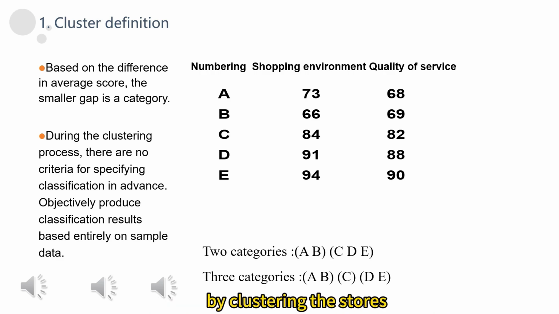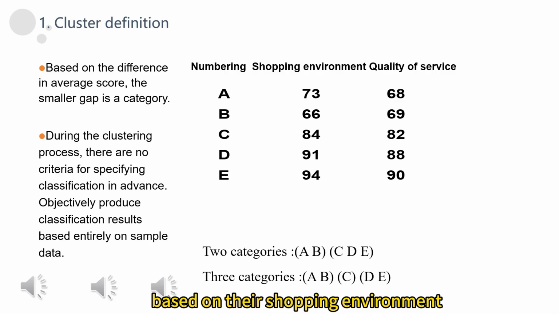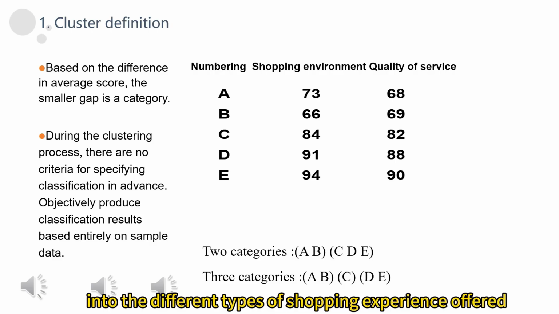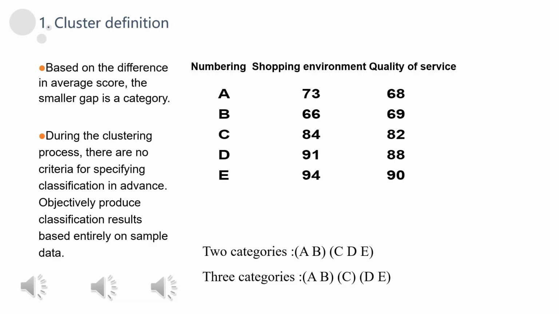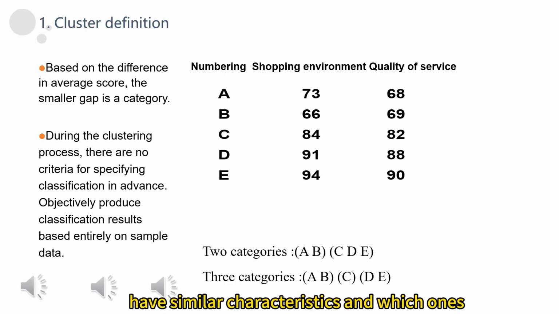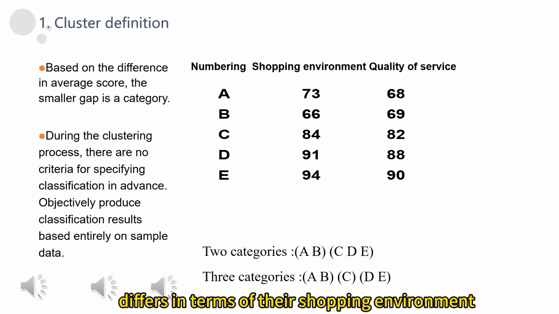By clustering the stores based on their shopping environment and service quality scores, we can gain insights into the different types of shopping experience offered. It helps us understand which stores have similar characteristics and which ones differ in terms of their shopping environment and service quality.